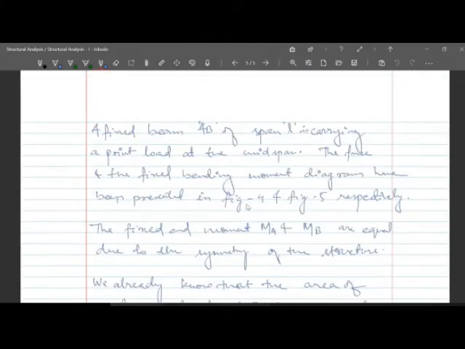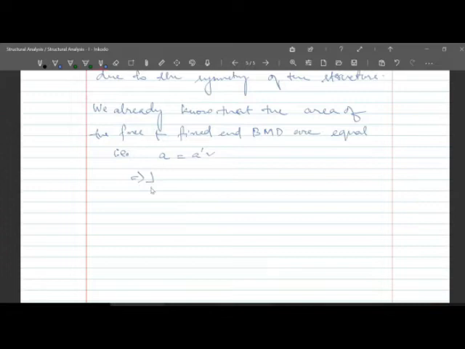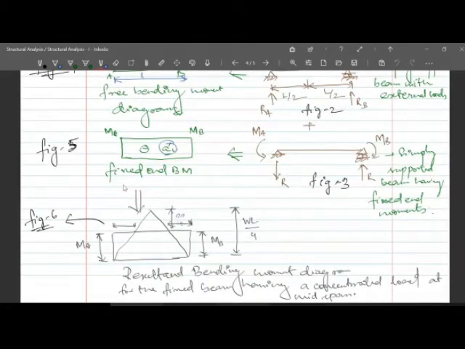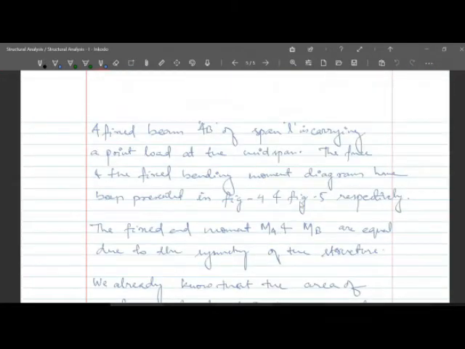Now the other one is a rectangle, so the area is L into B. MA and MB are the same, so we can take MA into L or MB into L. Both are equal.